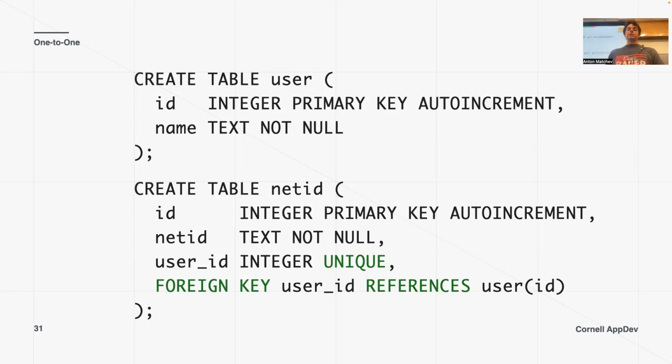The reason we have the unique keyword here is that we only want one user ID to reference one ID in the user table. This will prevent 2 net IDs from referencing the same user. And then we put foreign key user ID. This indicates that our user ID is a foreign key, and this references the ID column of the user table.